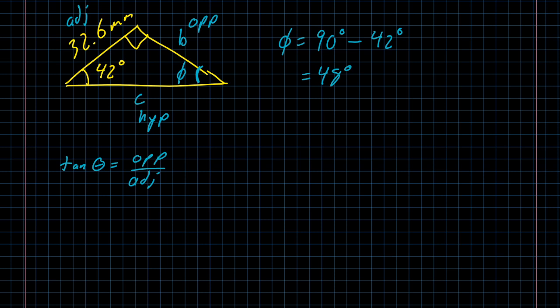Fill in the angle, 42 degrees. Fill in the length of the adjacent side, 32.6 millimeters. And instead of writing OPP, let's write the name that we gave this side, B.